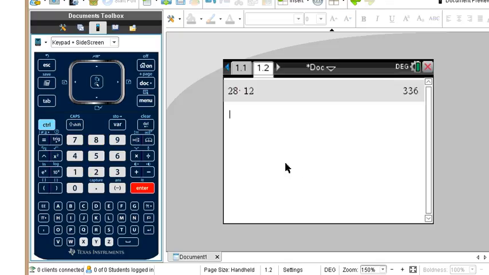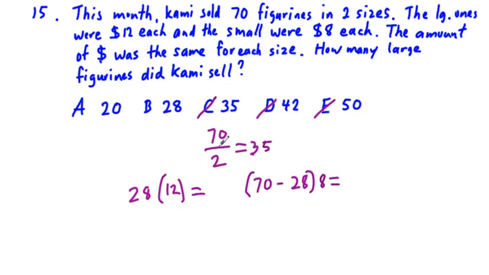I assumed you did other calculations, so you get 336. And the next one here, you have 70 minus 28, and it's going to be times 8. We get the same dollar value. So going back here, our correct answer is going to be 336 for each. So 28 is the one that works for us.